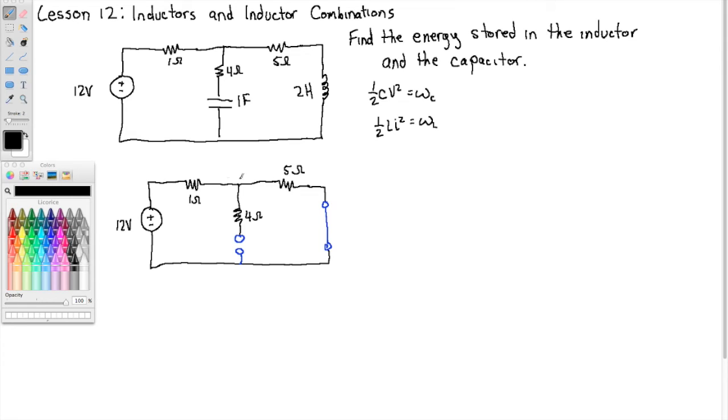So, in this new circuit with the blue, the models put in, I'm going to be interested then in what is this current through the inductor, right? That's I, the current through the inductor. And I'm also interested in the voltage across the capacitor. That's V. So I need to find those two things essentially.